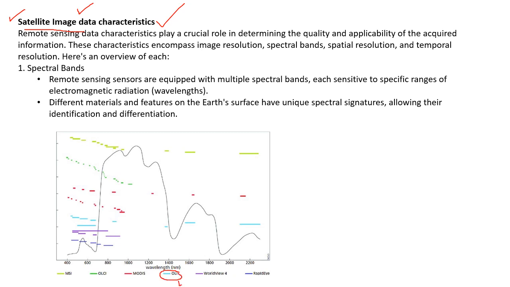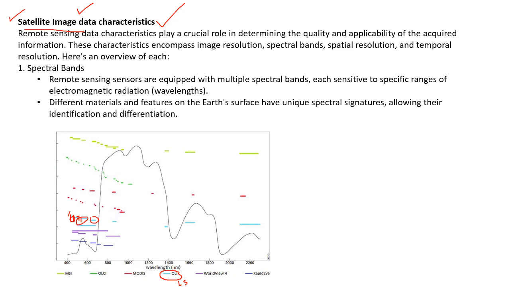Landsat is giving you information of this band blue, giving you information of green, giving you information of this red here. This is red, this is green, this is blue.